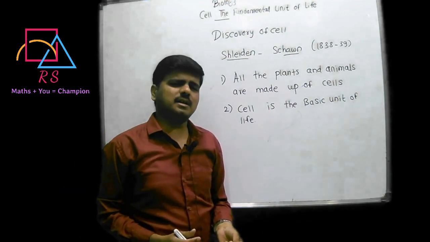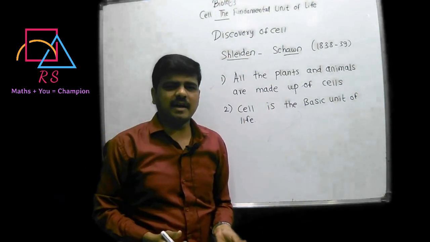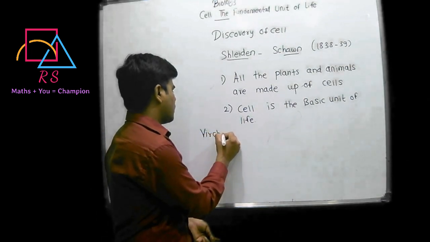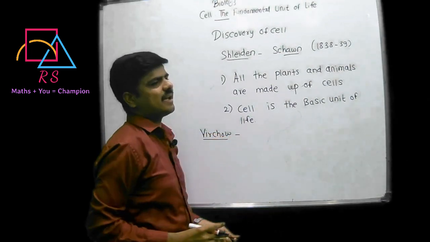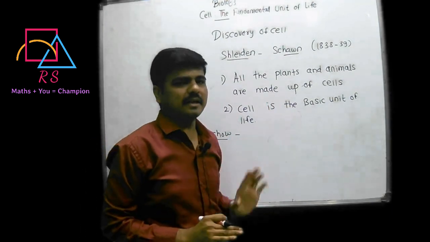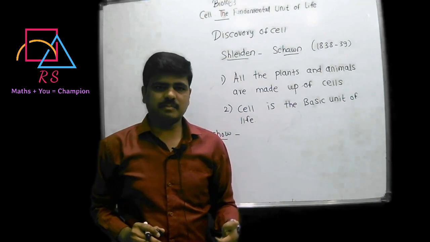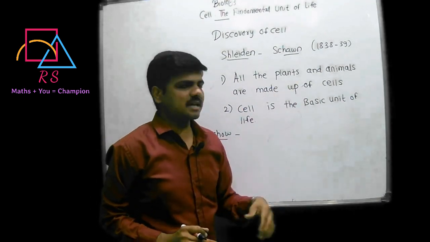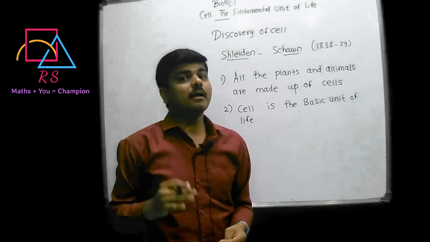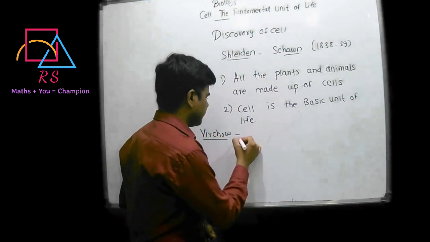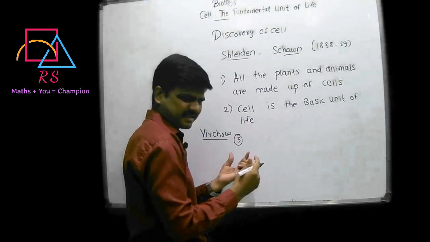After some years, around 1855, there was another scientist whose name was Rudolf Virchow. What did he state? He said, okay, no problem, what Schleiden and Schwann have told is accepted: the cell is the basic unit of life, and all the plants and animals are made up of cells. Then he added a third statement.